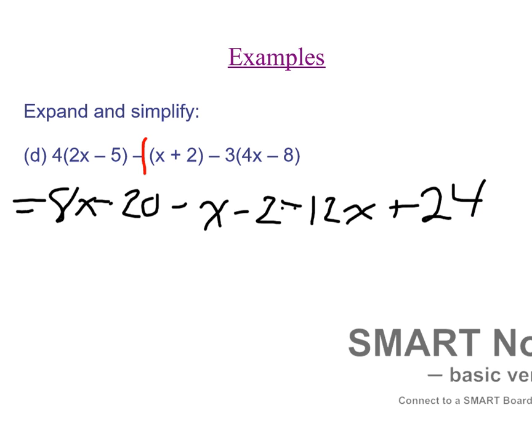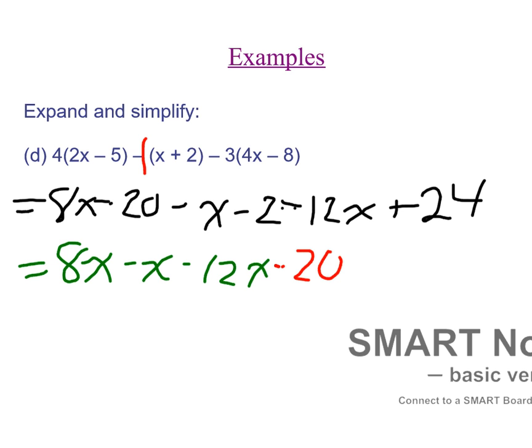And then we're going to collect our like terms. So we're going to put all of our x's together. So anything that has an x, put together. And we put our constants together. And then we simplify. So 8x minus 1x is 7x. 7x minus 12x is negative 5x.